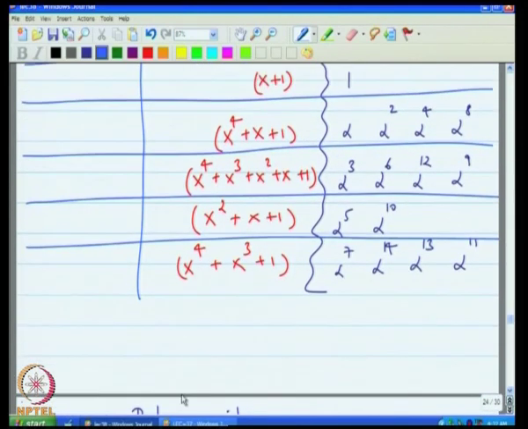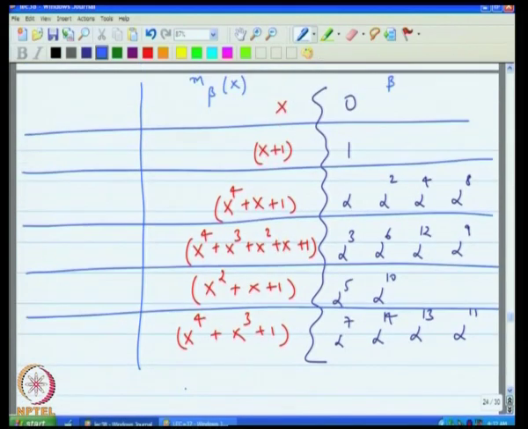And so, of course, you knew that every element has a minimal polynomial, and we already knew that alpha was the 0 of x^4 plus x plus 1. So, what this is telling you is that alpha has this as minimal polynomial, but it shares the minimal polynomial with all these other elements.